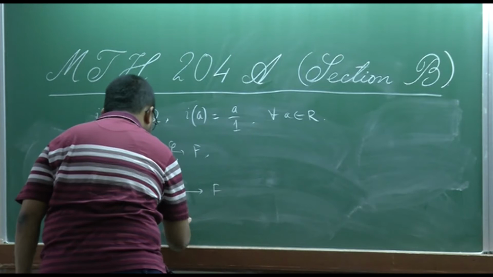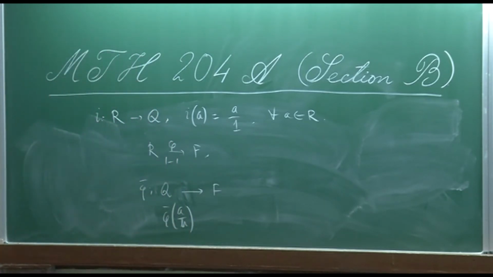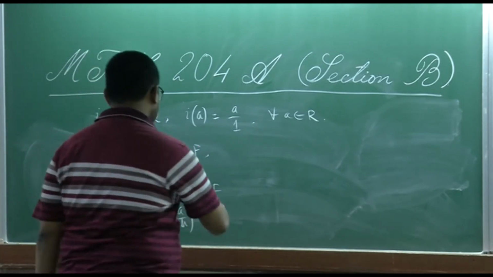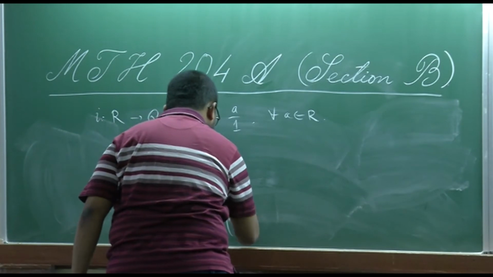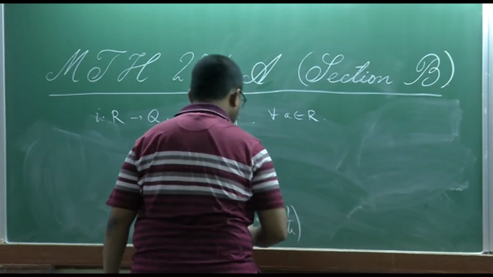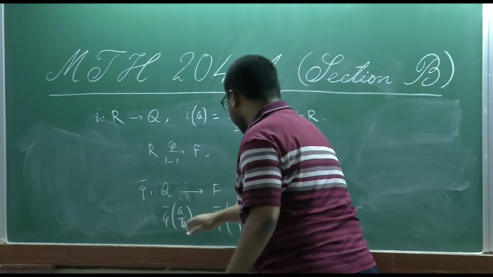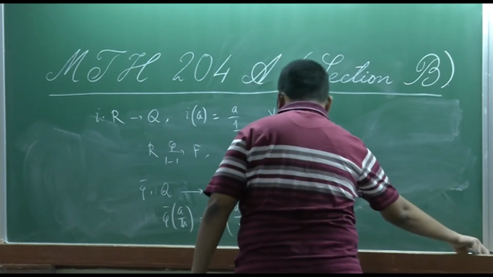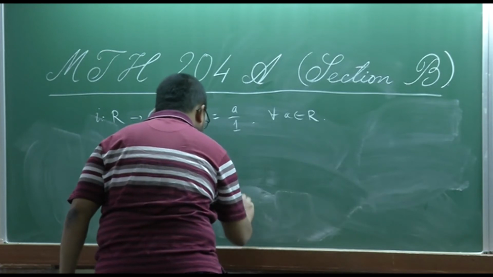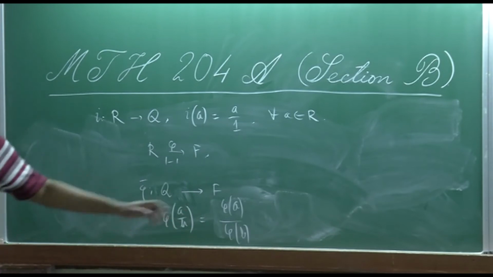A typical element of Q is defined like this, and we do not have much choice. This will be very automatic, because if this is a homomorphism, this is what you must have: phi of A by phi of B. Of course, you check that it is well defined.